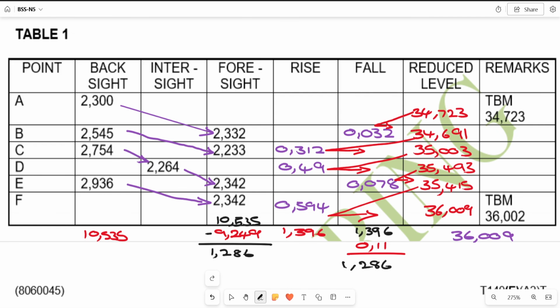The reduced level minus what you started with, it has to balance. So if we take our reduced level, which is the 36.009, and subtract 34.723, our answer is supposed to be 1.286. Voila. Guys, this is how you get yourself the proper 15 marks for this question.